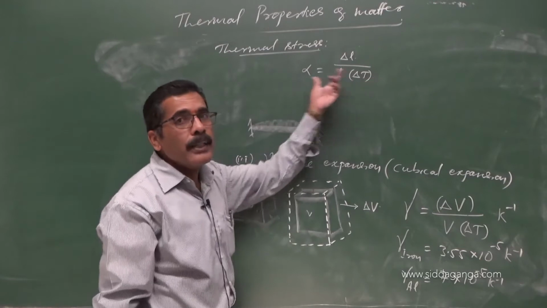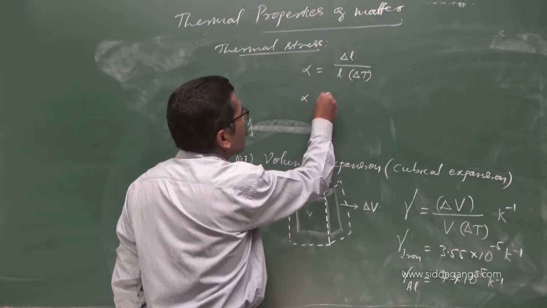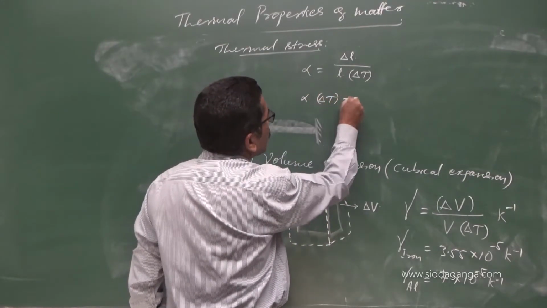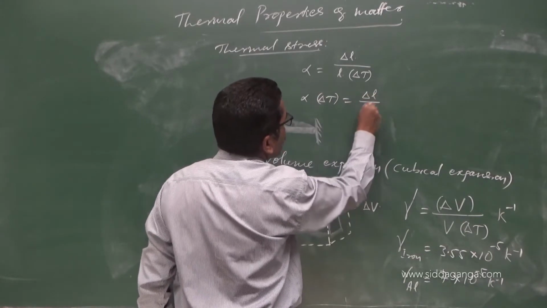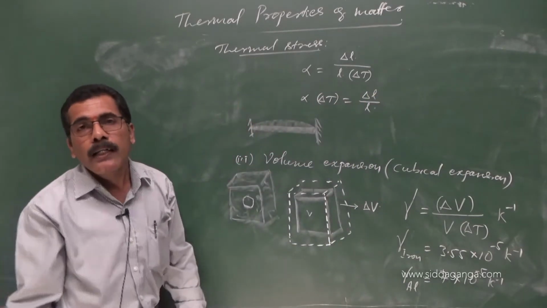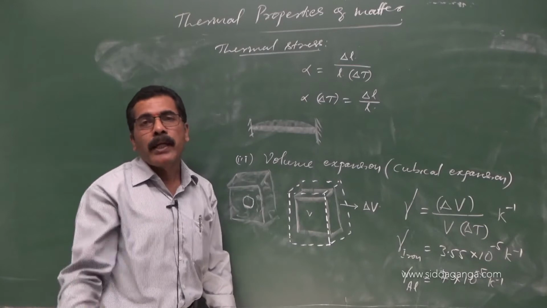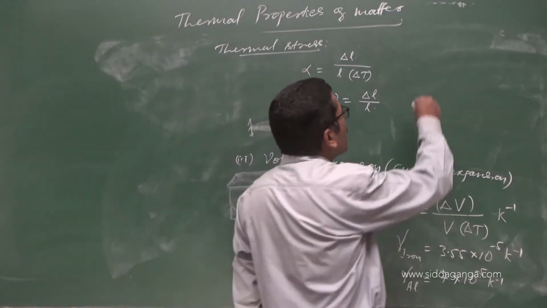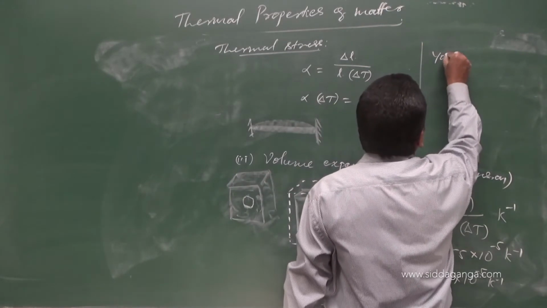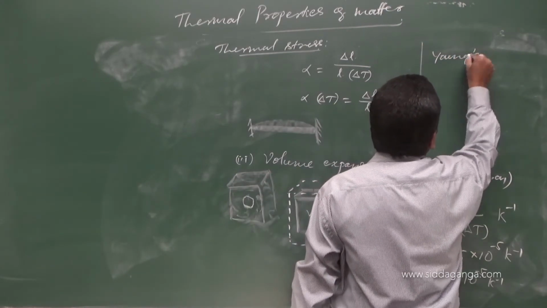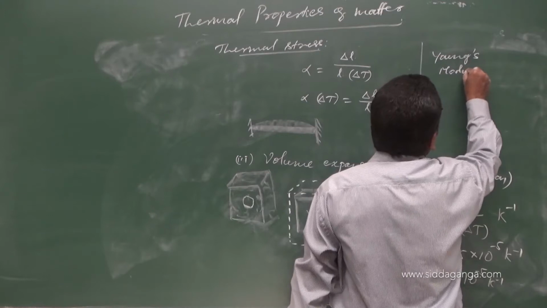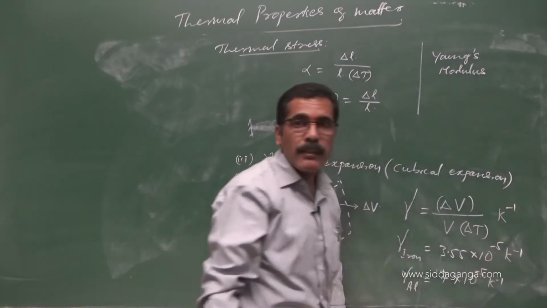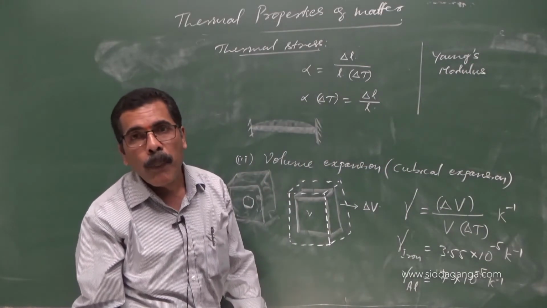I take delta T to the side: alpha into delta T is equal to delta L by L. Already in mechanical properties of solids, you have come across Young's modulus. I hope they have completed the chapter elasticity.